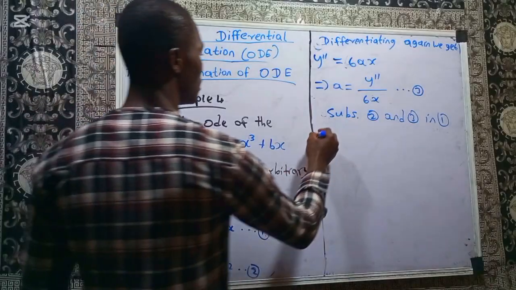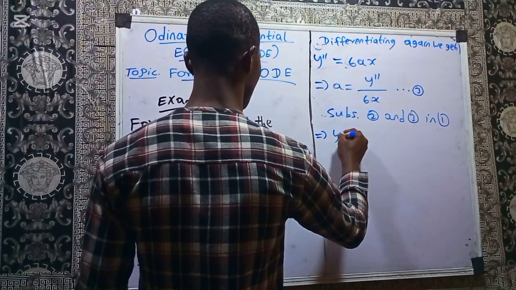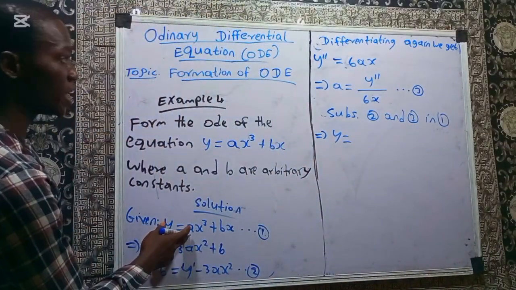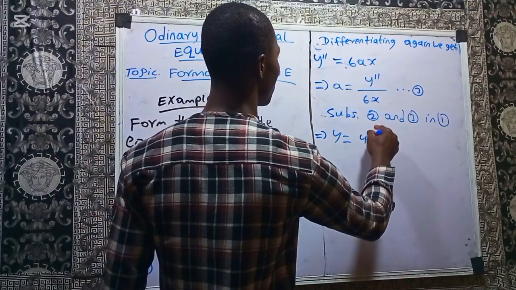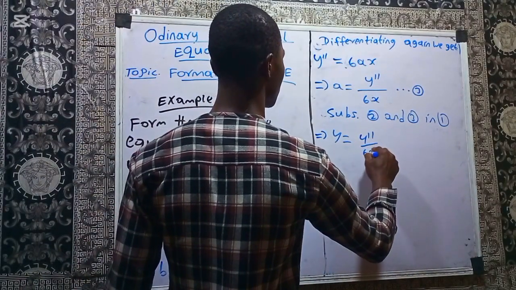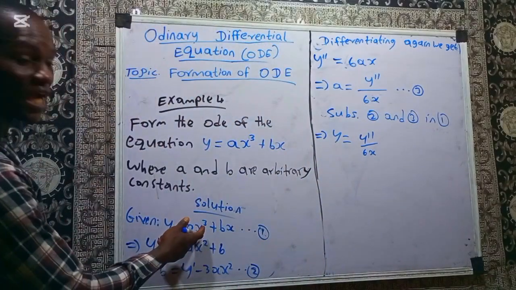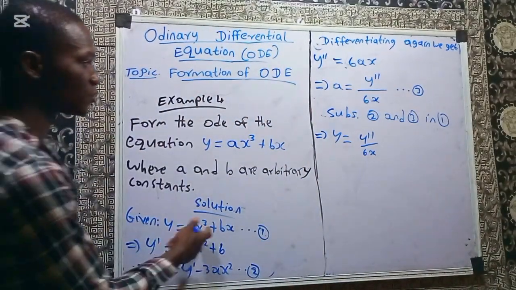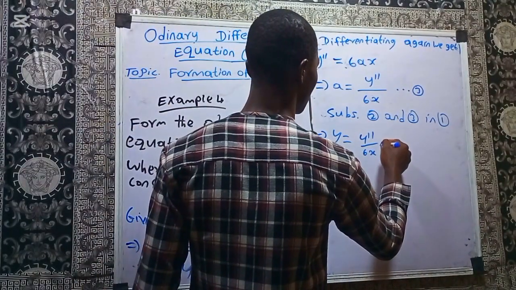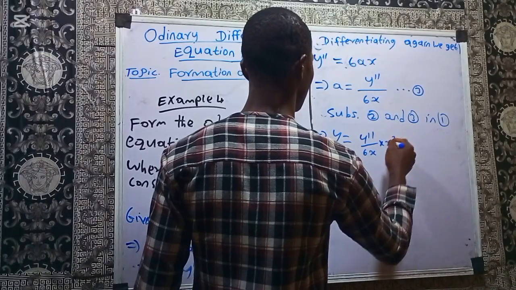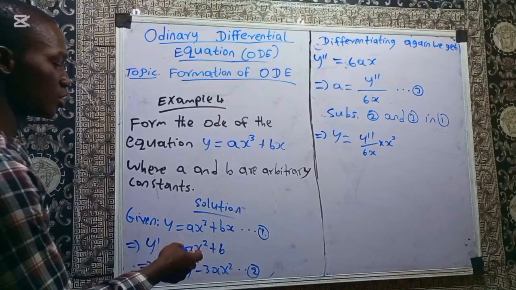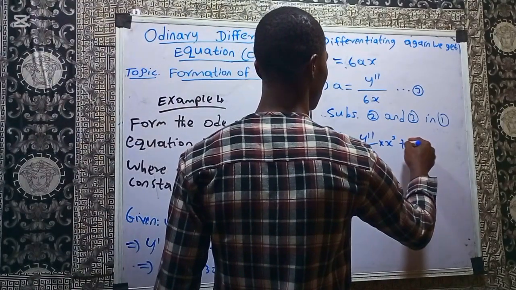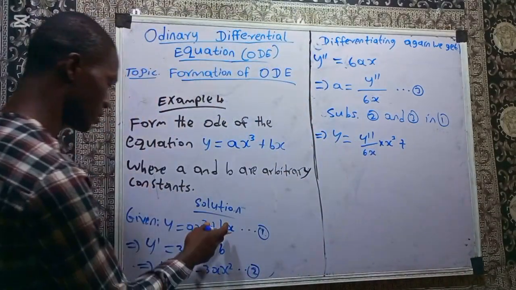If I do that, this implies that y is equal to what? My a, I've gotten it to be y prime prime divided by 6x. I'm multiplying it by x raised to power 3. That's the first thing I have here in the first term. Plus, what is my b?